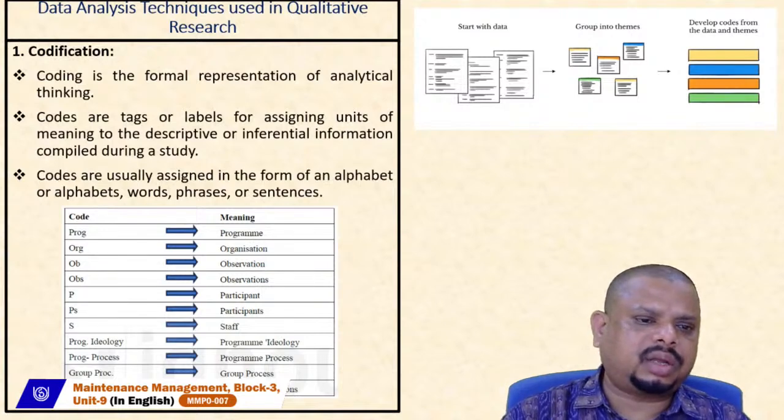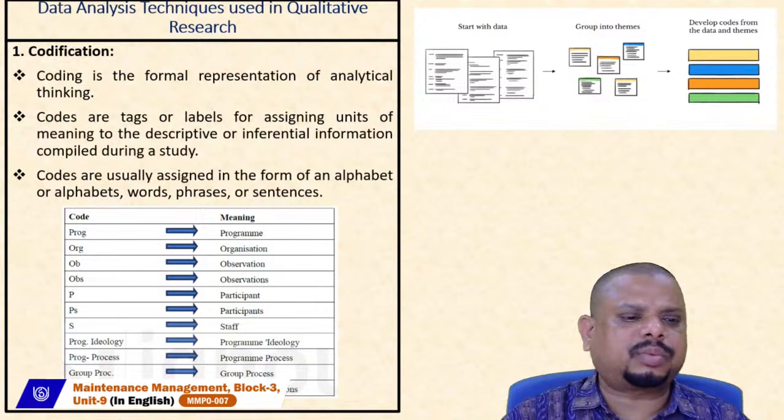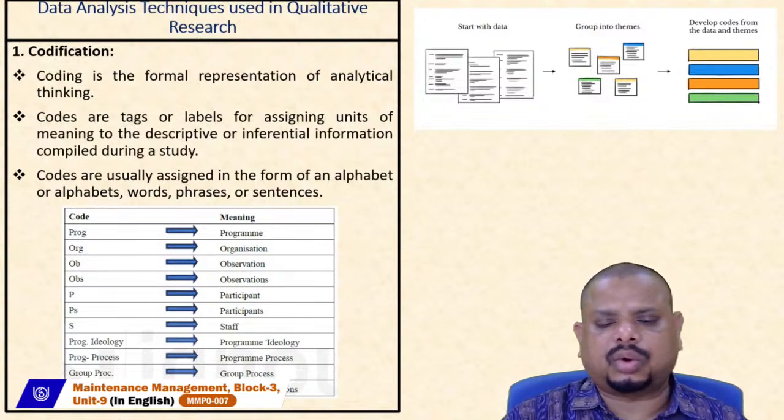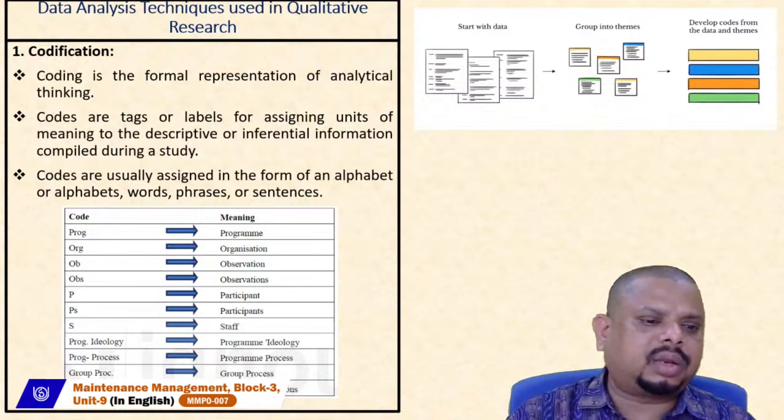Codes are generally assigned in the form of alphabets, words, phrases, or sentences. A few examples of coding I have given here: program is shortly given the code PROG, meaning program. Then ORGS stands for organizations. OBS stands for observations.